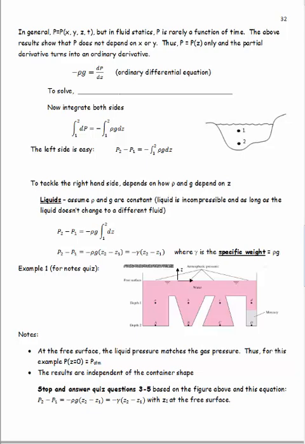This is one of the simplest forms of differential equations, because to solve it you just separate the variables. All that means is bring the dz over to the other side of the equation, and then you get minus the integral of rho g dz equals the integral of dp.